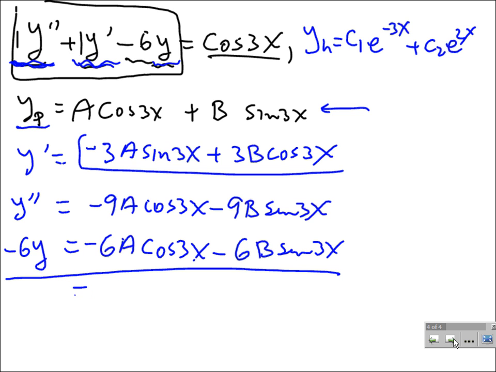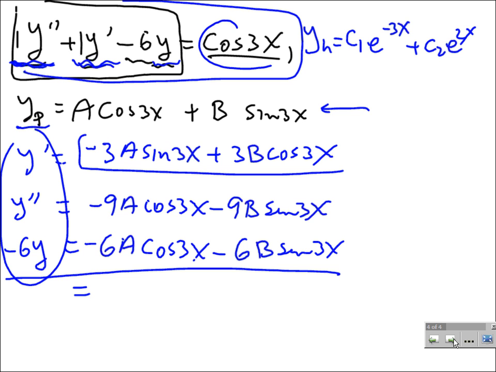And when I add the left side, as it says right here, y double prime plus y prime minus 6y, this is cosine of 3x.